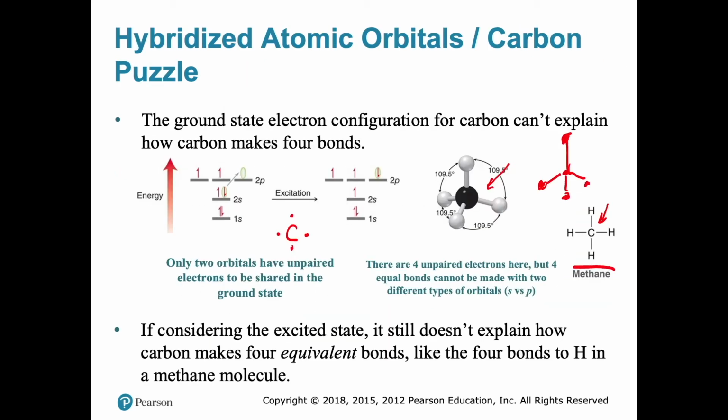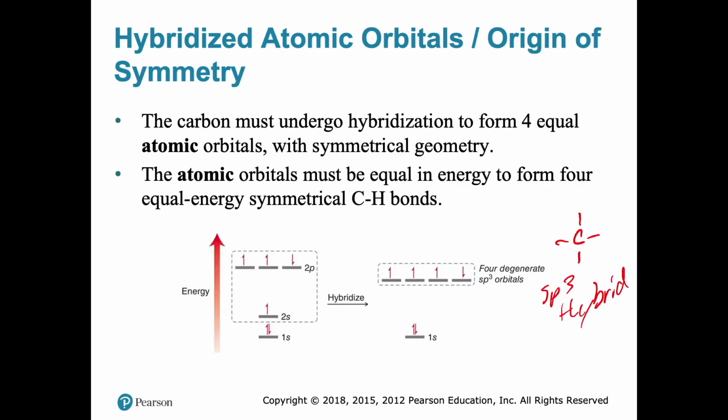How many electron domains does methane have? 1 between that hydrogen, 2 between that hydrogen and the carbon, 3 between that hydrogen and carbon, and 4. So the number of electron domains tells you the hybridization. 4 electron domains is sp3: 1s, 3 ps.